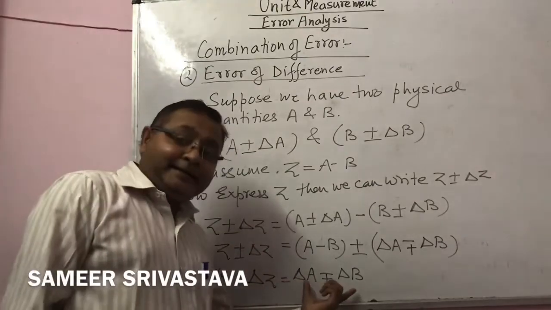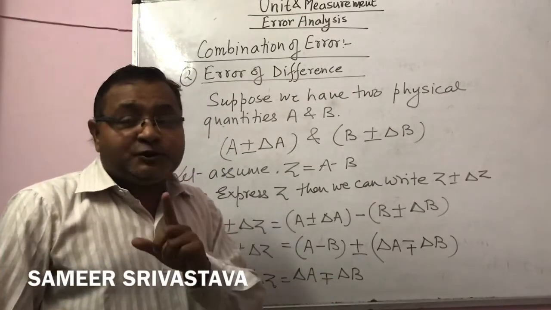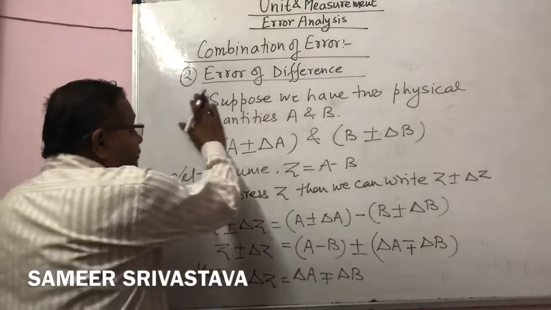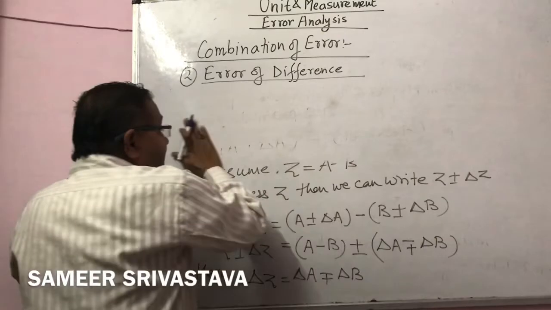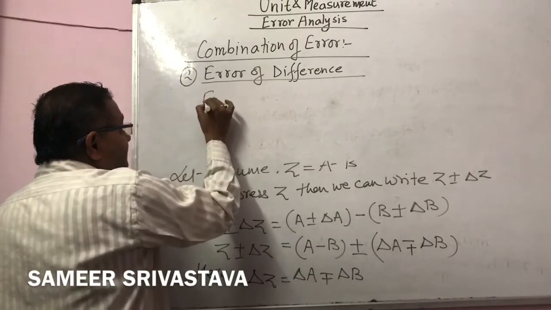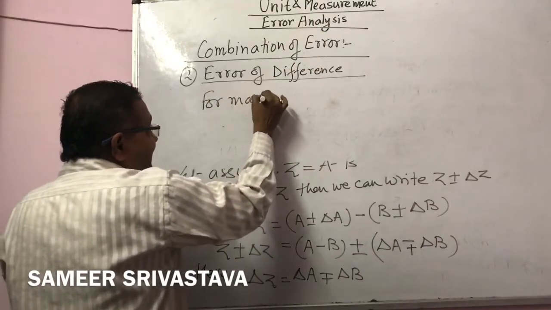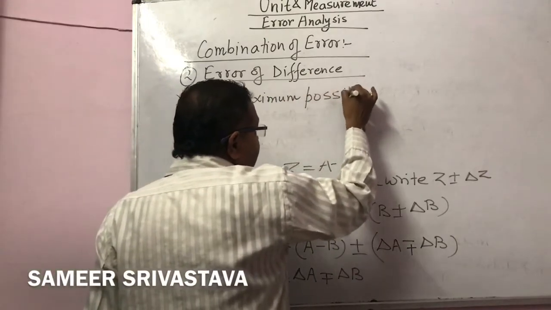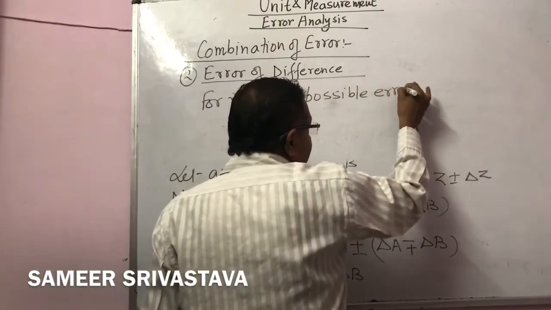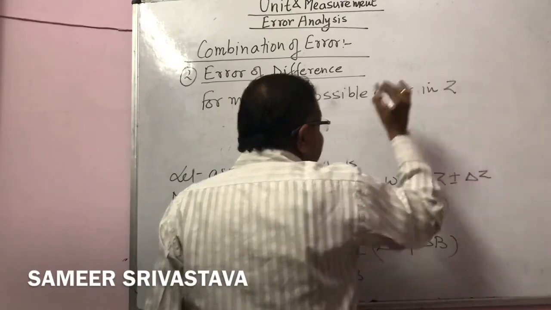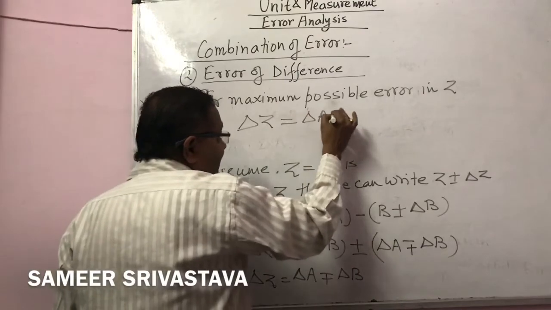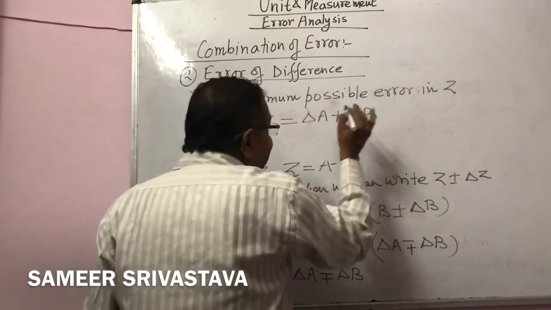So in the case of error, we always use the addition form, never use the negative form, right? So I am going to write here, for maximum possible error in Z, the maximum possible error is delta Z is equal to delta A plus delta B.